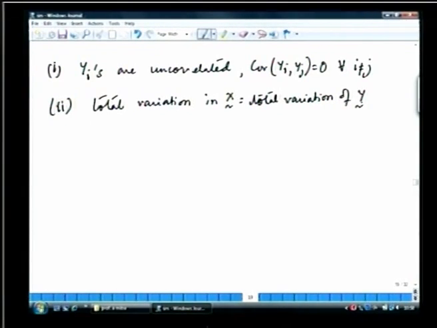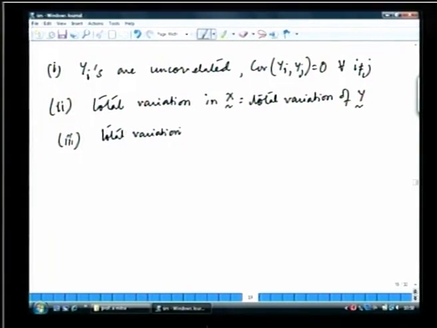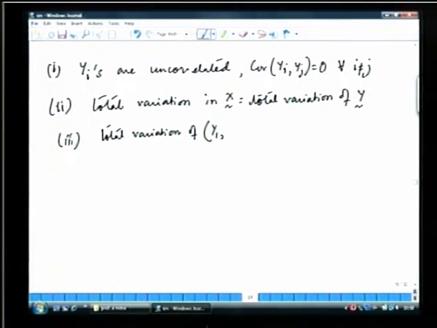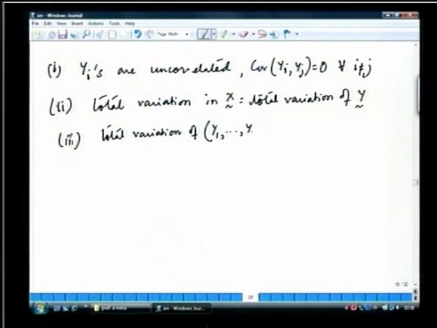But then why do we choose to work with y if this is the situation? Because here comes the most important point, that the total variation of y, which is of y1 to yp, is actually approximately equal to the total variation of y1 to yk.